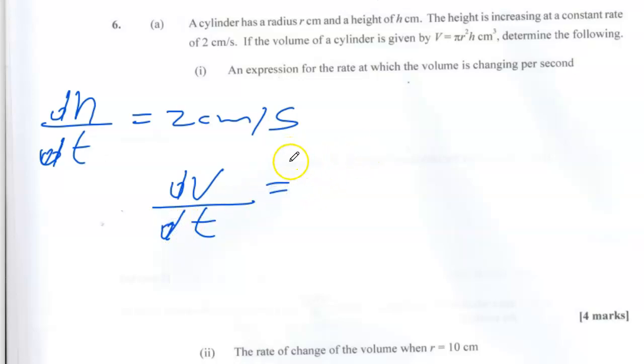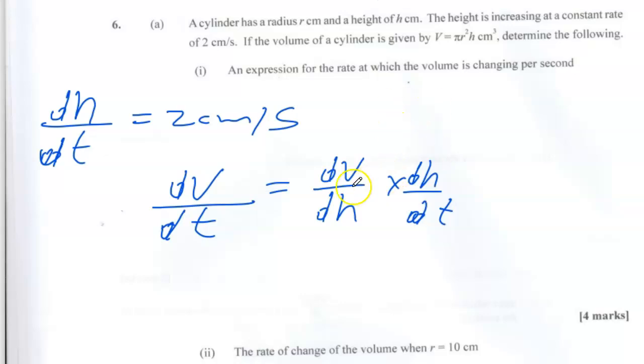By the chain rule, we can write dv by dt as dv by dh times dh by dt. Now dh by dt we know, and the thing about the chain rule is these cancel in a sense. So dv by dh times dh by dt is the same thing as dv by dt.